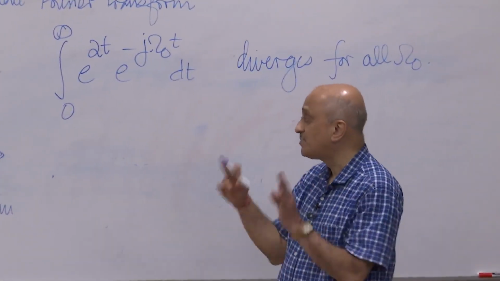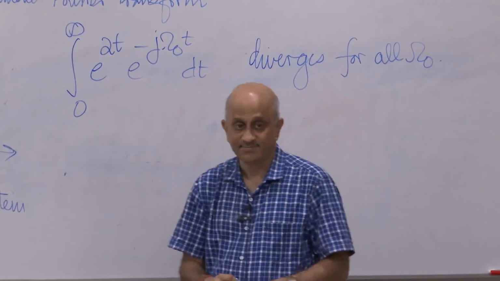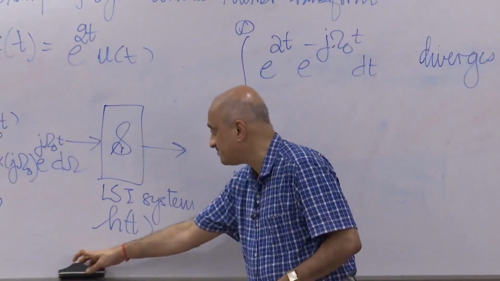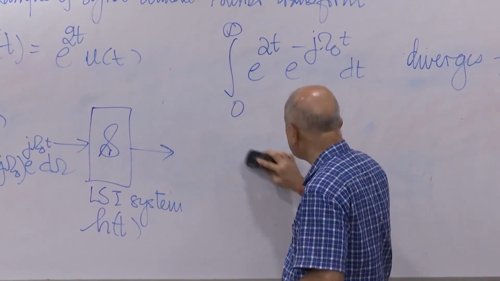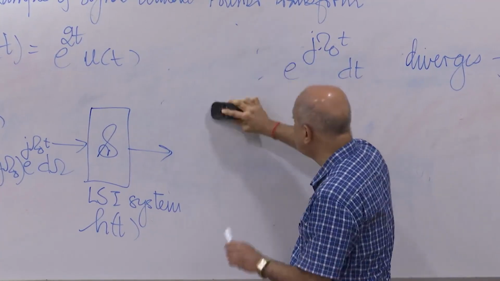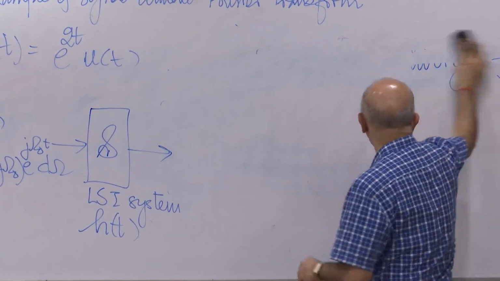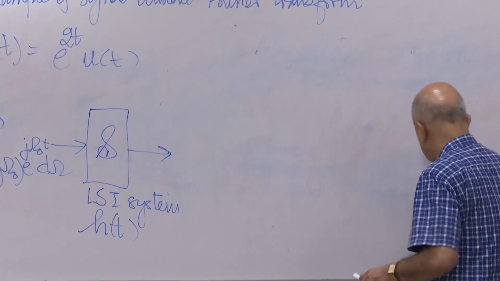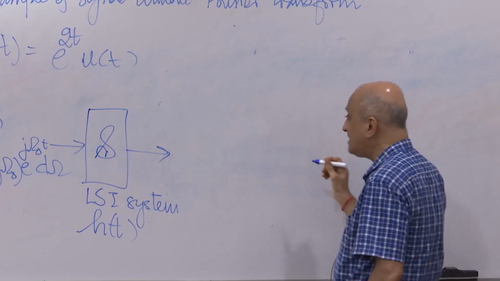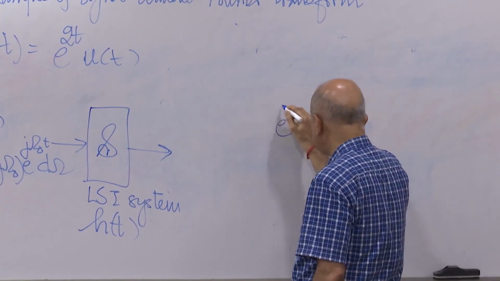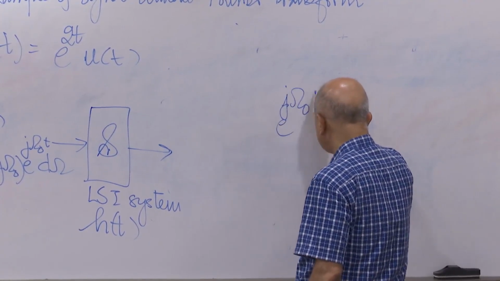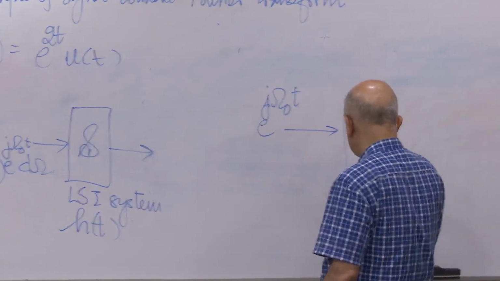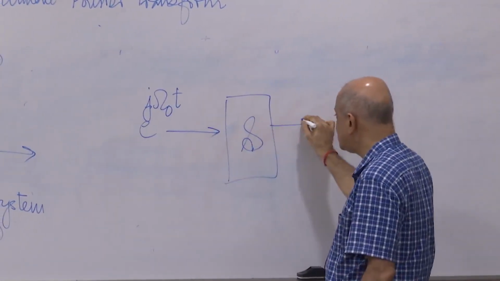Let's invoke the principles of superposition as it would be for the linear shift invariant system. So let's take what happens when we apply one particular e raised to the power j omega naught t. You apply e raised to the power j omega naught t to a system, what emerges?